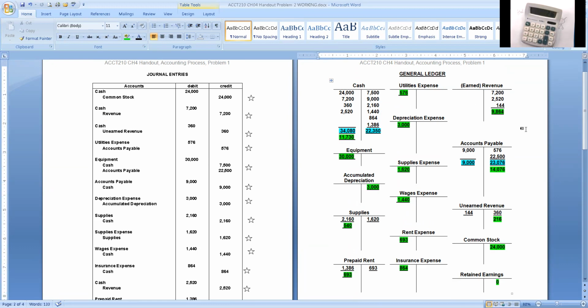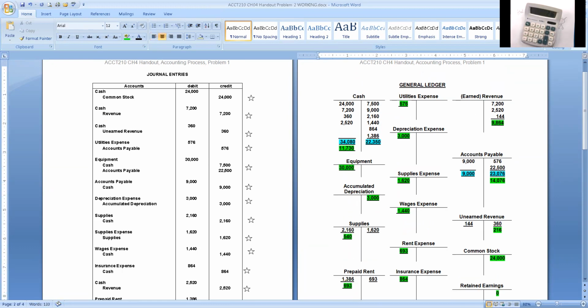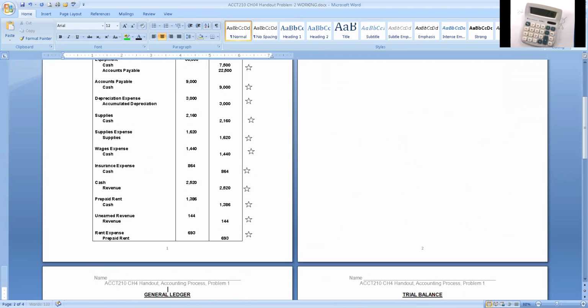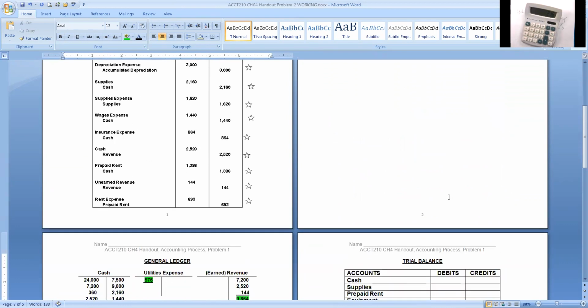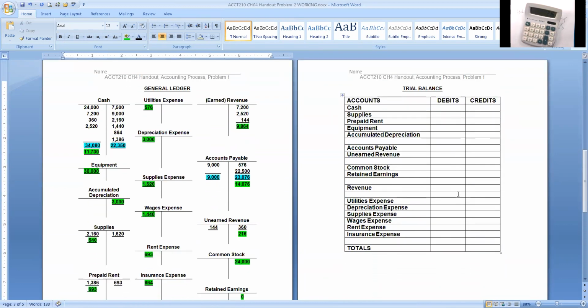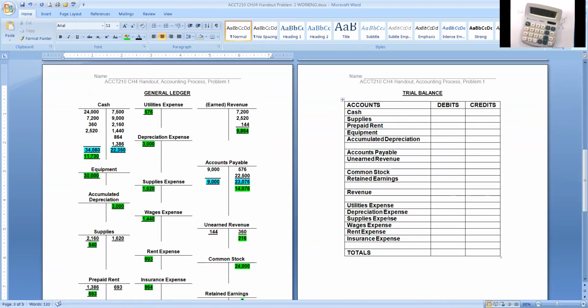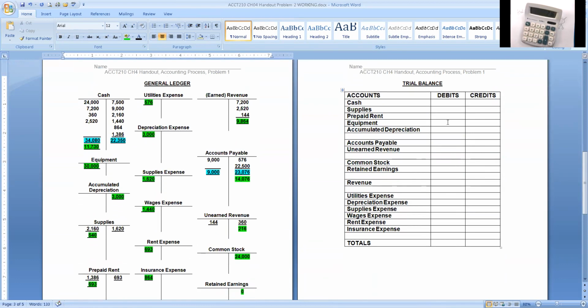Okay, I've got to do something kind of funny here. What we're going to do next is on the trial balance, we're going to post, taking these numbers from the general ledger and putting them in the trial balance.